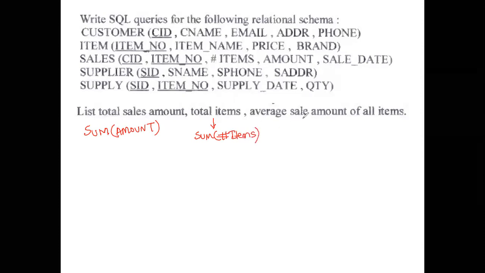Then average sale amount, which we can get using the aggregate function average, represented by AVG. So AVG of amount. On which table? On the sales table. Okay. So here again only a list is asked, so we will write only item numbers. If required, we can join sales and item also.